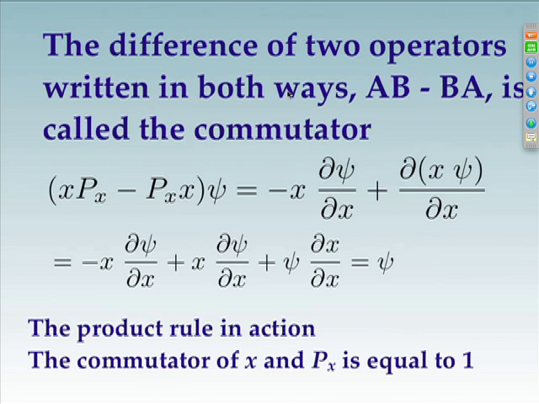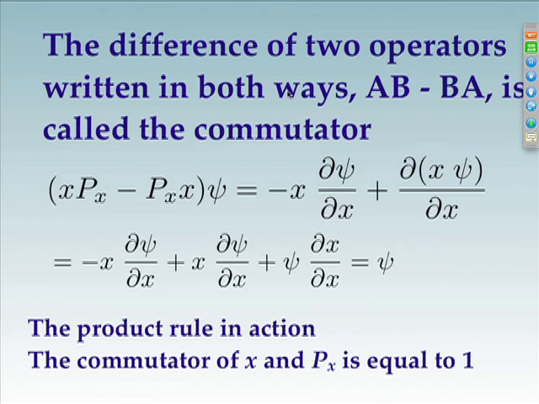Now we're going to look at something called a commutator, which is basically writing these things in both orders. And then they act on this function. When you do that, you use the product rule, and you see that you get that cancellation going on.